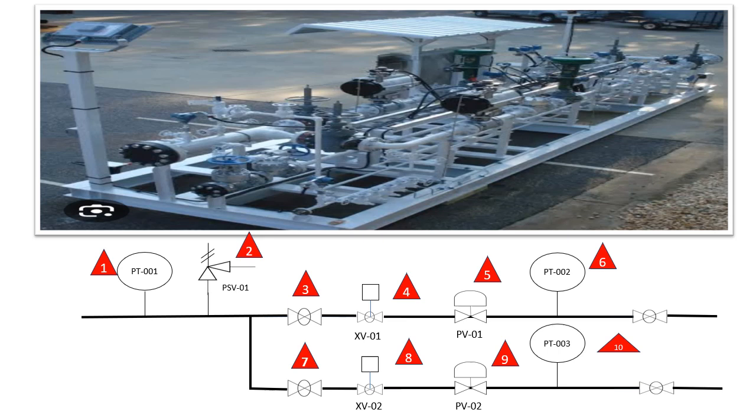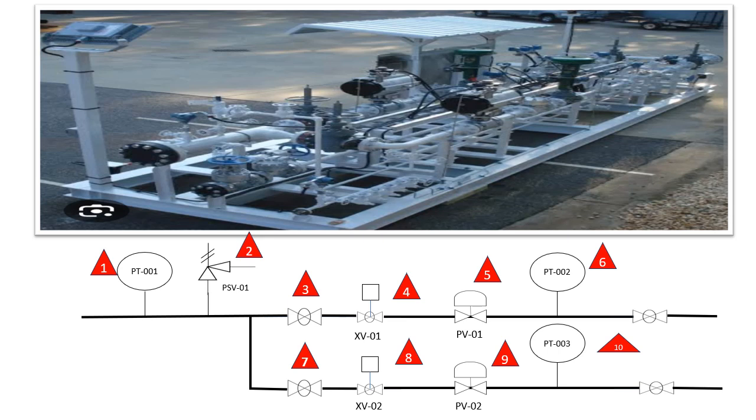Then you see after the PSV, the line gets divided into two parts. You see the same in the P&ID, you see the same in the field, right? And then you see there are two lines, and in both lines there is an on-off valve denoted by 3 and 7. These are the manual valves.